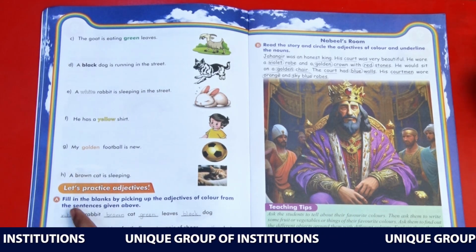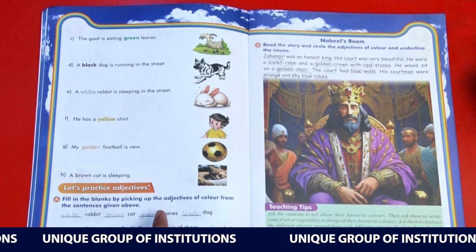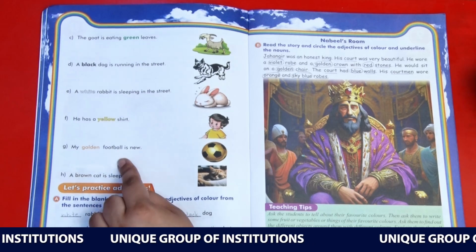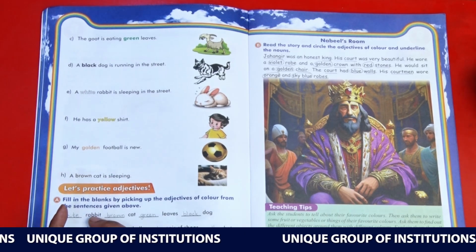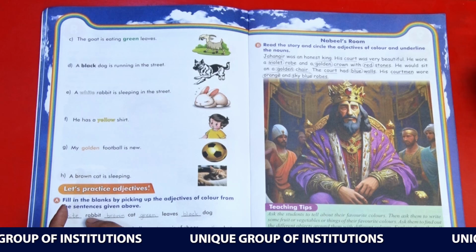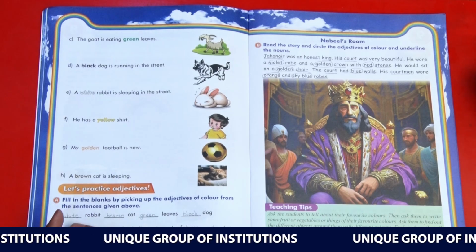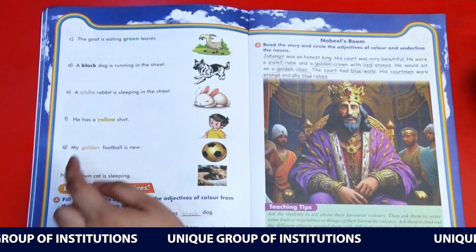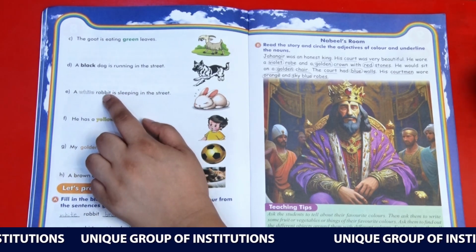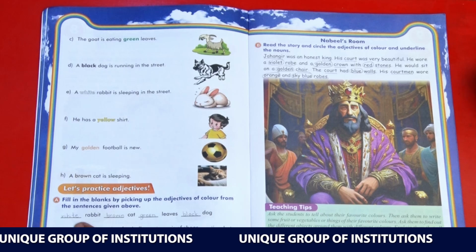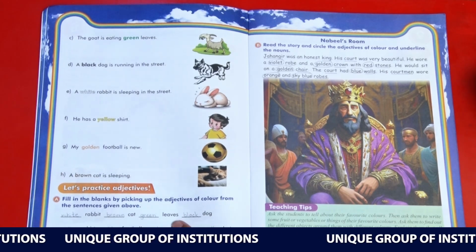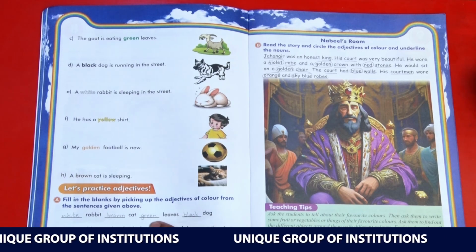Now let's move to our first exercise. Fill in the blanks by picking up the adjectives of color from the sentences given above. You need to read the sentences and find these nouns in the sentences and the color before these words, and then write the color here. We have a rabbit here, and in the sentences the rabbit is described as white, so write white here. We have cat, and cat is brown, write brown here. We have leaves, and leaves are green, write green here.